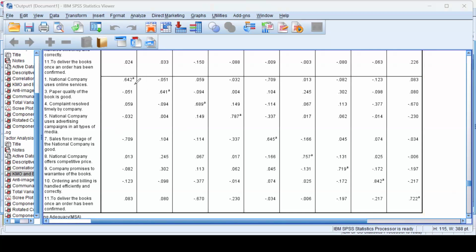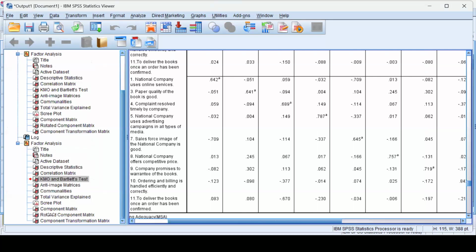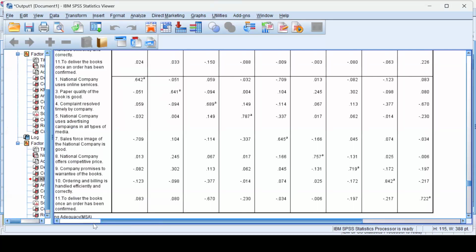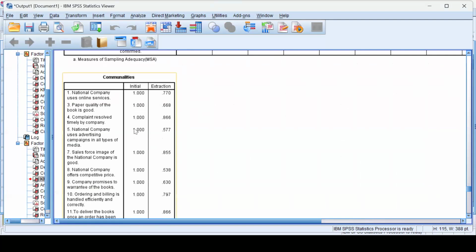Now we will check whether all the measures of sampling adequacy are good or not. The first, this item, it is greater than 0.5. It is also greater than 0.5, greater than 0.5, and so on for all. Now it is okay, there is no problem of anti-image correlation, so my data set is okay because all the values are above the cutoff value 0.5, उससे ज्यादा है। ठीक है, now the third table, communalities.